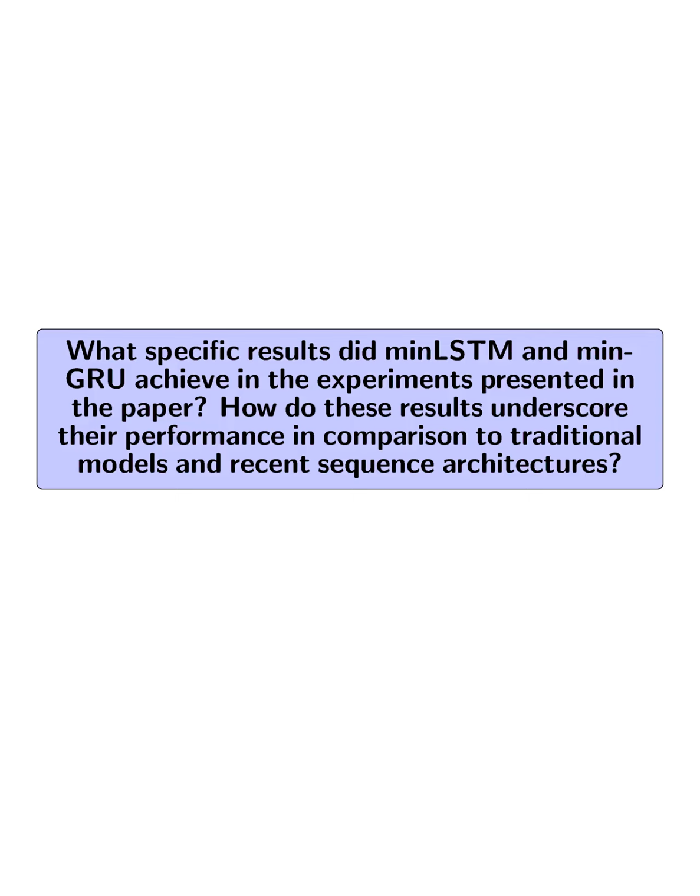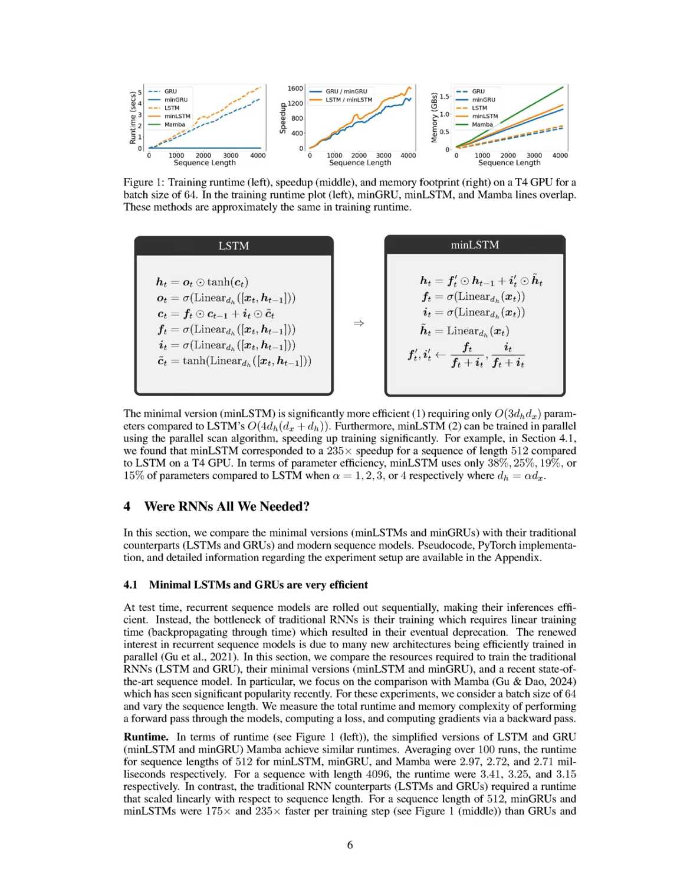What specific results did minLSTM and minGRU achieve in the experiments presented in the paper? How do these results underscore their performance in comparison to traditional models and recent sequence architectures? In the experiments, minLSTM and minGRU demonstrated significant efficiency and performance gains compared to traditional models like LSTMs and GRUs, as well as recent architectures such as Mamba.